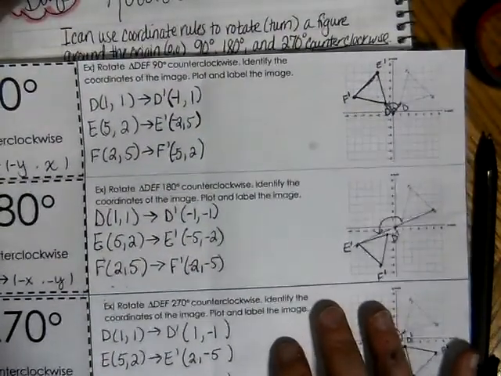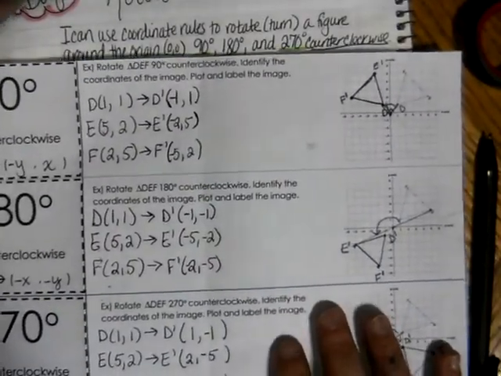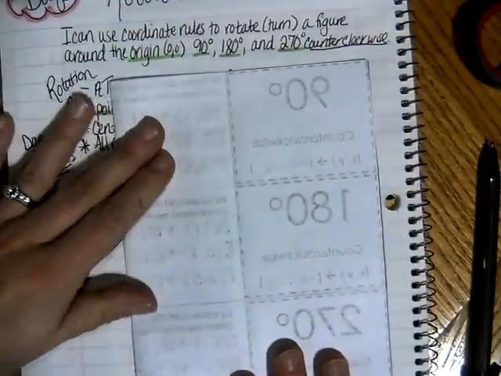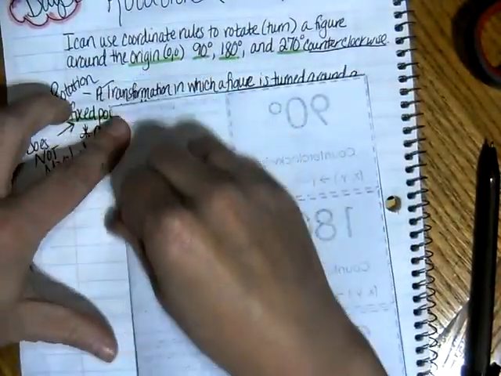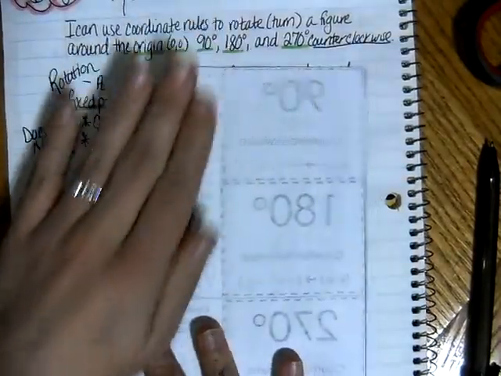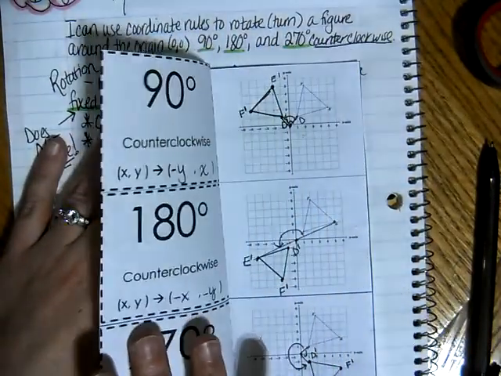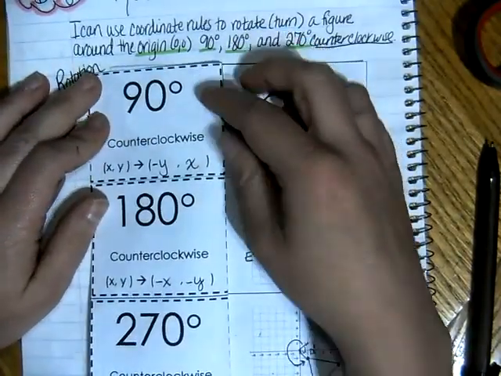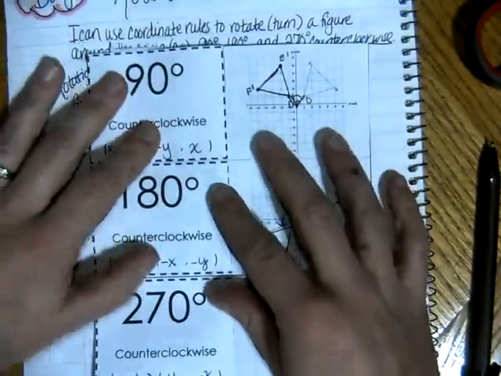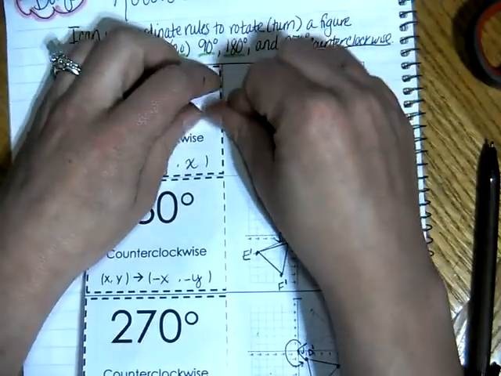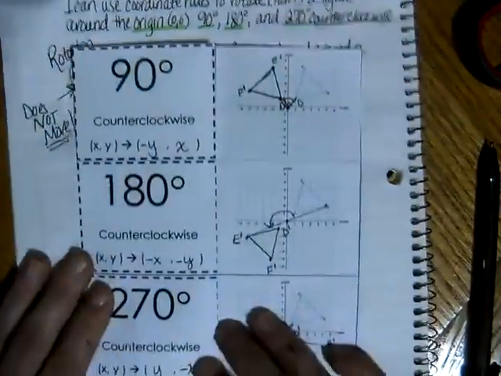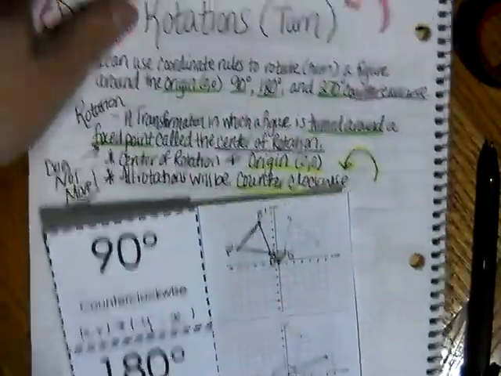To put this into your notebook, what I would like you to please do is go ahead and take this cutout and fold it in half. Directly in half. And then I would like you to take these 90, 180, 270 degree rules, and fold it back along the dotted crease so that we can see the animation.